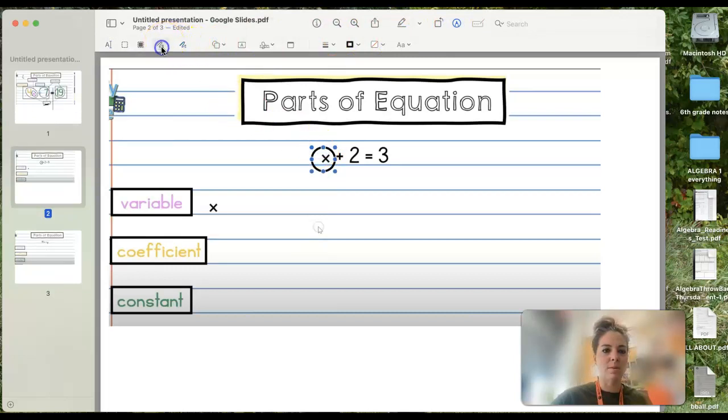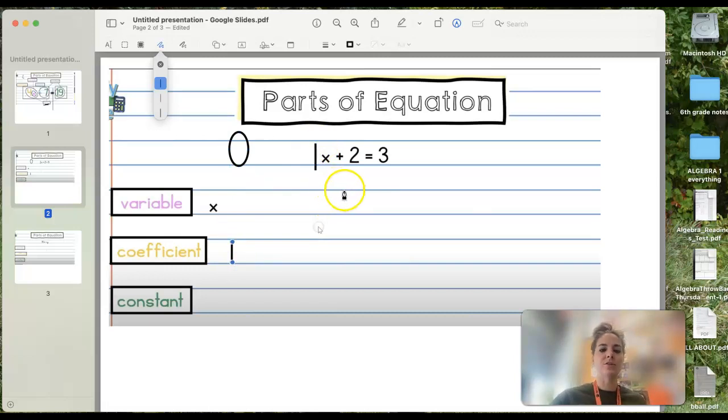Okay, there could be a 1 placed in the front of this, because 1 times x is still x. That is our identity property. All right, so we could think of this as 1x, so the coefficient is 1.